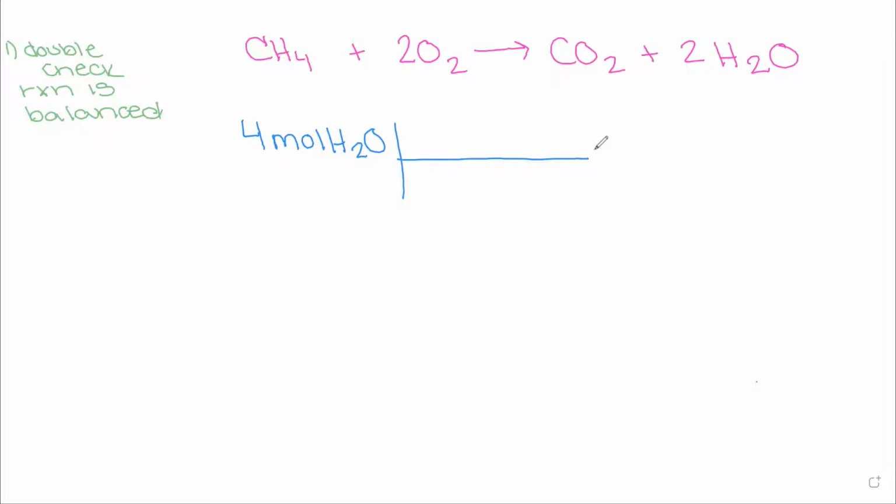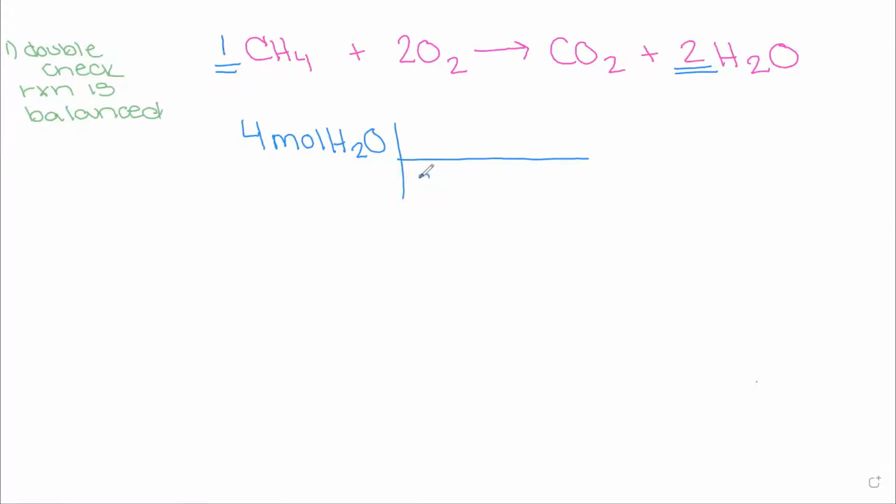Now, I know that in order to produce water, I need to react methane and oxygen. How much methane would I need to react? Well, I need to use a mole to mole ratio. This tells me how much methane is needed to produce a certain amount of water.